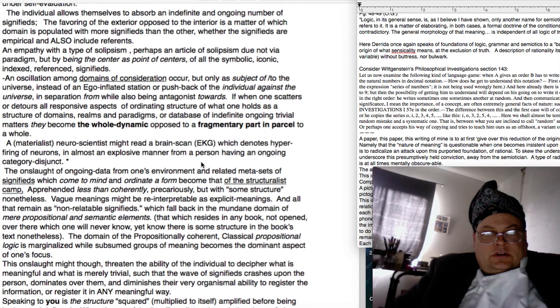If one scatters or detours all responsive aspects of ordinating structure of what one holds as a structure of domains, realms, and paradigms, or database of indefinite, ongoing, trivial matters, they become the whole dynamic, as opposed to a fragmentary part and parcel to the whole.